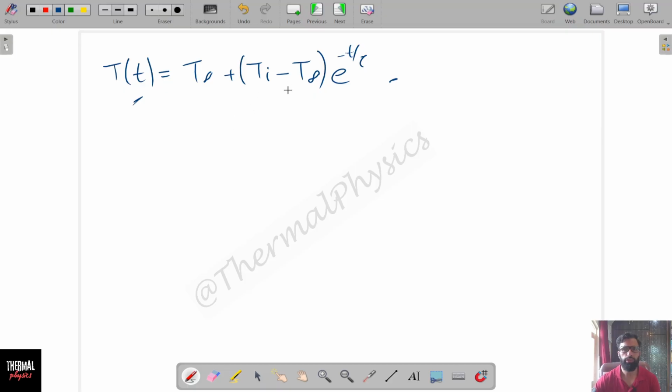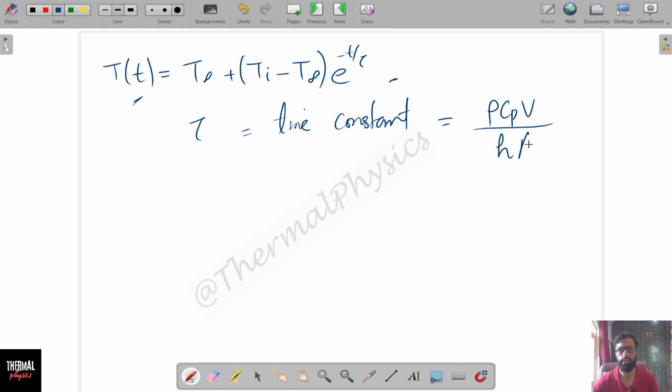Now, this equation is straightforward, except that there is tau. Tau is called the time constant, and its relation is rho Cp times volume divided by h times surface area of the body. So what does this tau physically mean?